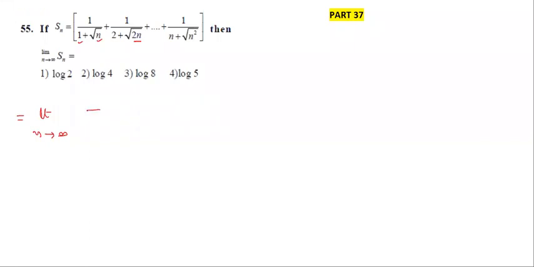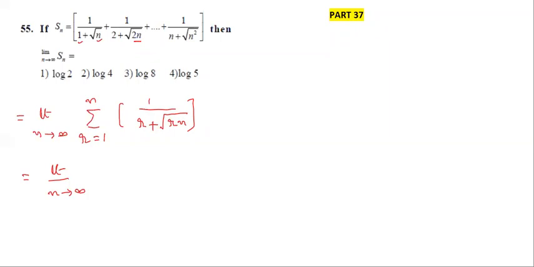So I'm going to write in short form, sigma r is equal to, this is 1 by r plus under root rn. The limit is 1 to n only. Next, how to do that? Limit n tends to infinite.